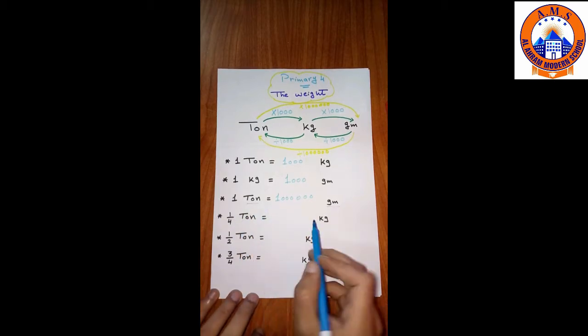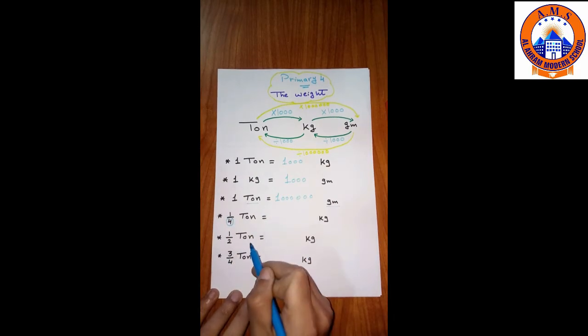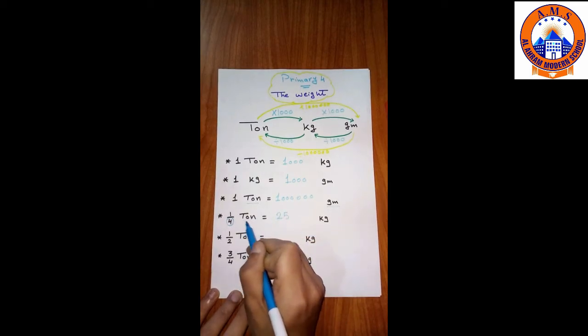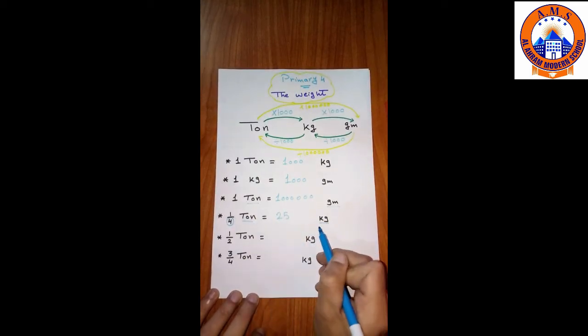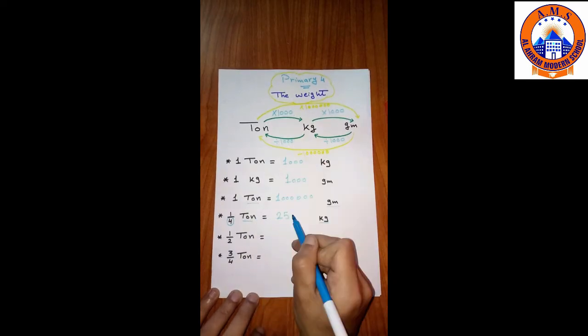1/4 ton equals what in kilograms? For 1/4, you have learned that 4 is a friend of the number 25. So I will write 25, and because this is ton into kilogram, I take a quarter of 1000, which is 250.